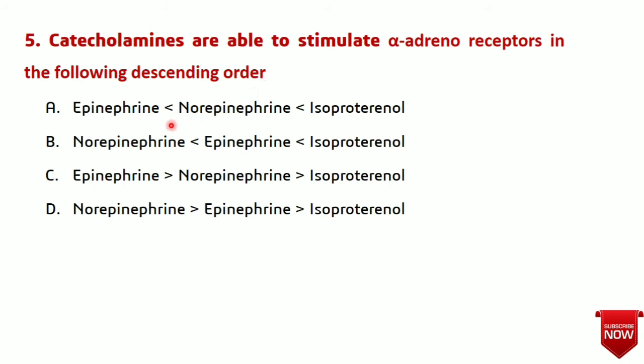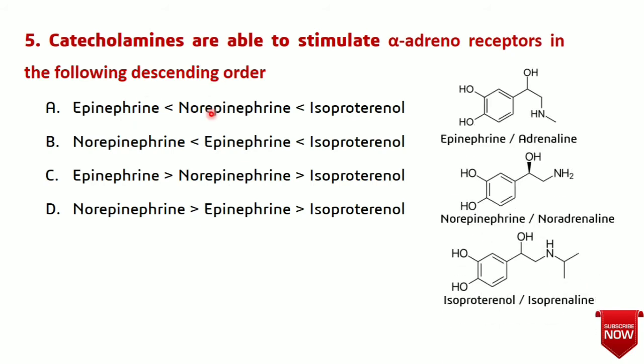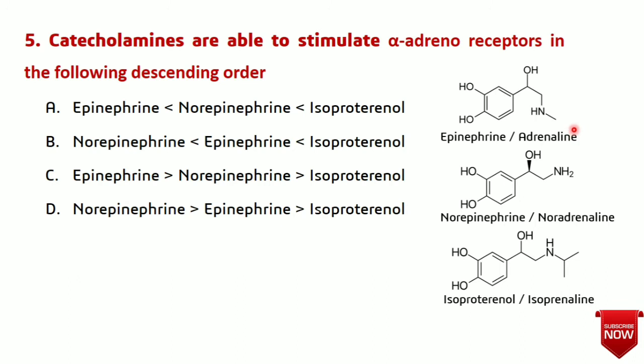The three compounds given are epinephrine, norepinephrine and isoproterenol. Here the structures are given: epinephrine, also called adrenaline, and norepinephrine, without a methyl group on the amino group. Norepinephrine is also called noradrenaline, and isoproterenol is also called isoprenaline. You can observe the isopropyl group is attached to the nitrogen moiety. So the catecholamines are able to stimulate the alpha adrenoreceptors.